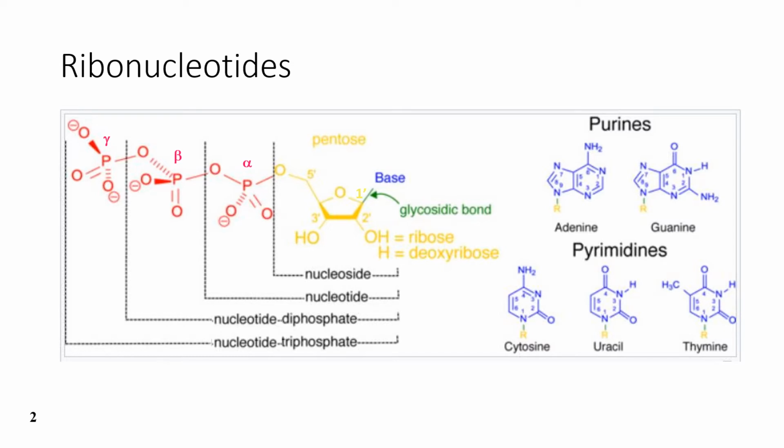The 4' carbon will be chemically bonded to a 5' carbon that is outside of that pentose ring. And a variable number of phosphate groups will be bonded to that 5' carbon through an oxygen.